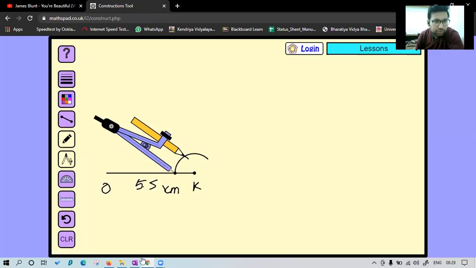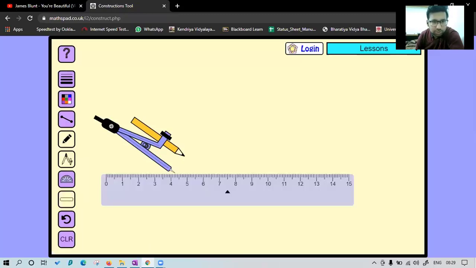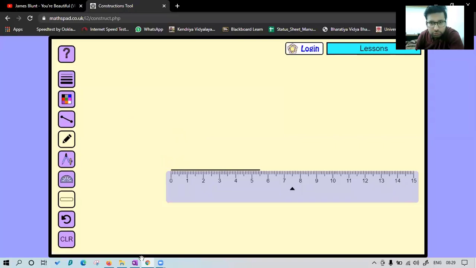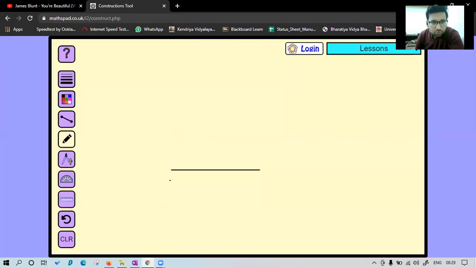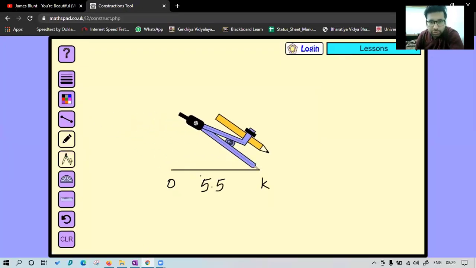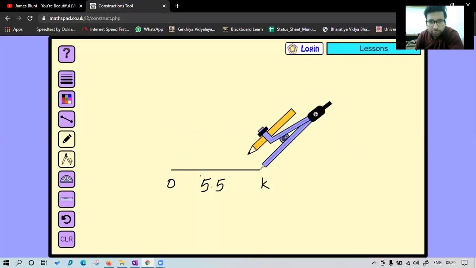Space is not there. Let me draw this once again with space over here. 5.5 centimeter. Then we have this angle I am drawing as 60 degrees from my side.